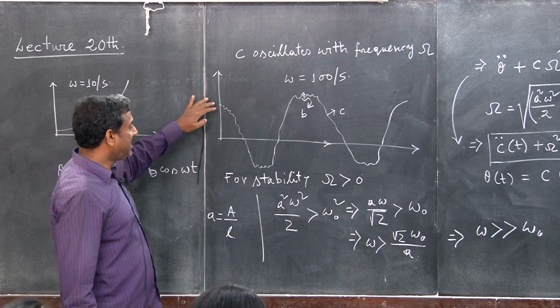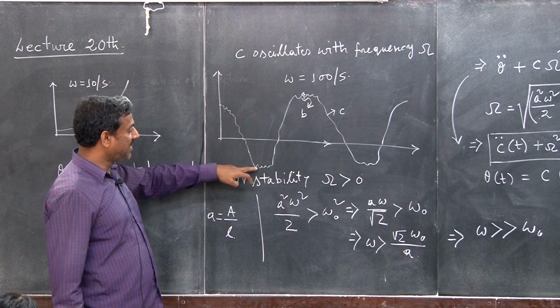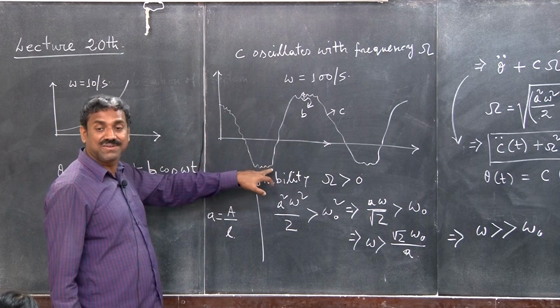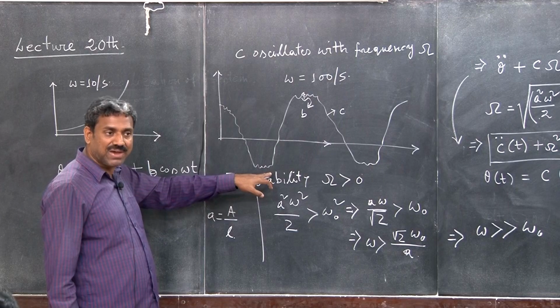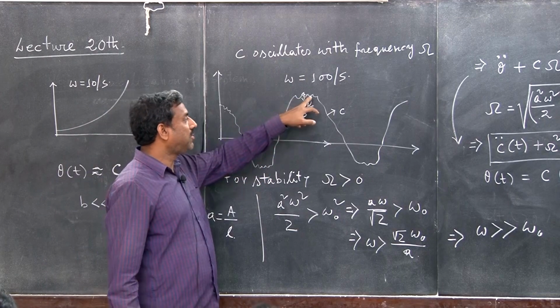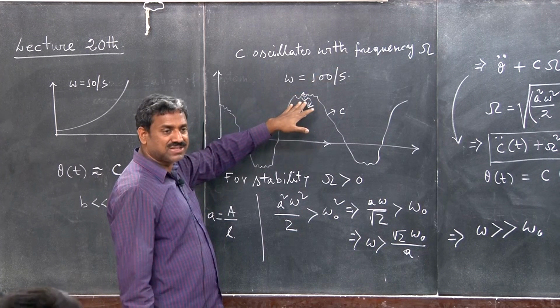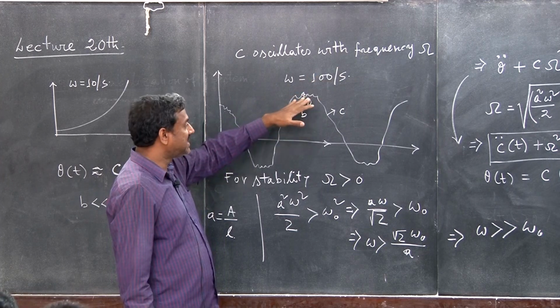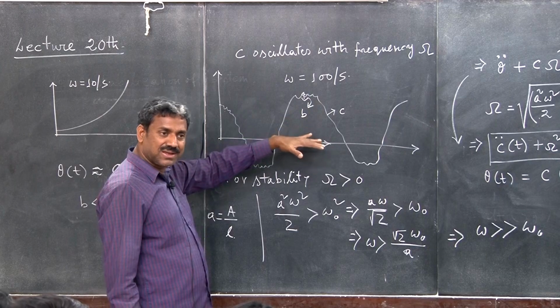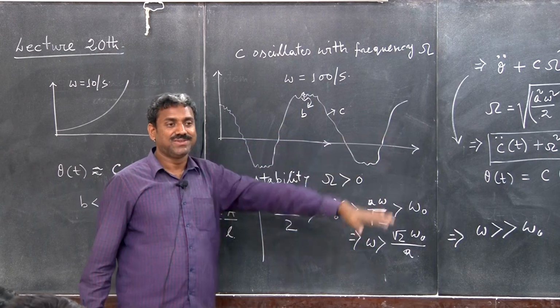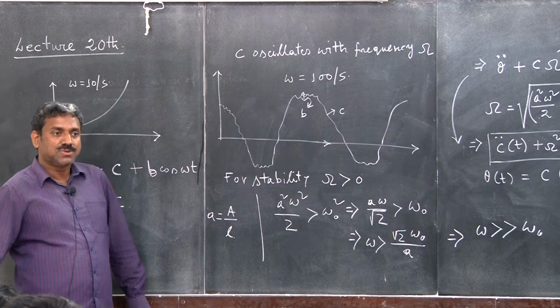So when it is trying to destabilize, this high frequency is basically stabilizing it by overriding the slowly varying component. If it diverges like this, it is going to be unstable, but the high frequency stabilizes it by bringing it back to this level. So it is allowing the system to be stable.